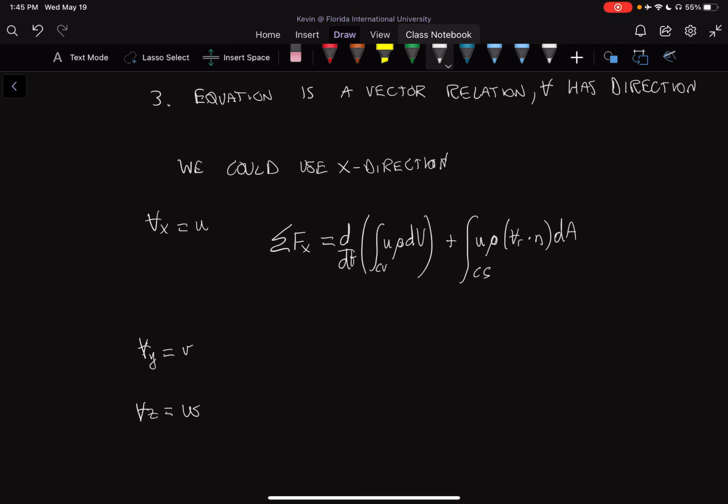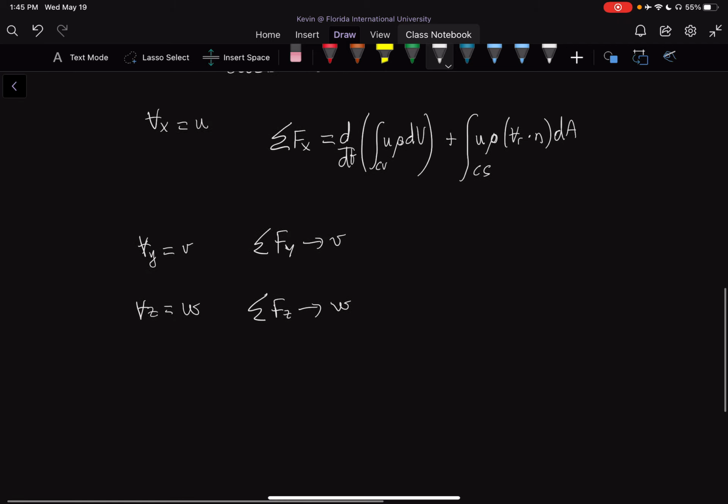Okay, we're keeping our equation as general as possible for now. And we can say the same thing, so we can do the sum of Fy with the terms with a little v, and the sum of Fz with the terms with a small w.